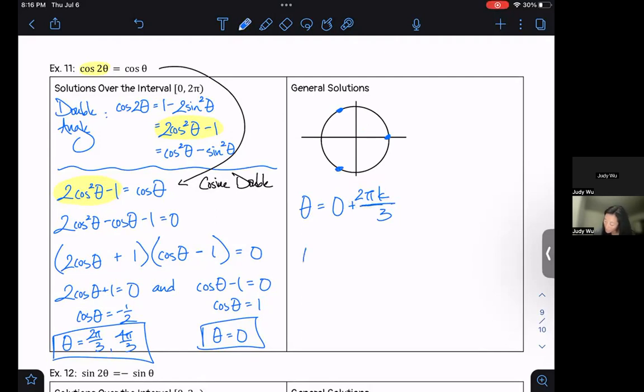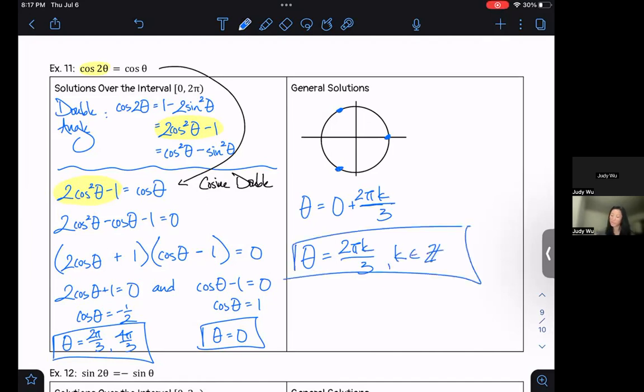Another way we could write this is just 2 pi k over 3, because we don't need the 0, where k is an integer. Okay. So again, being able to identify your identity and then doing a whole bunch of algebra is really sort of the flow of what we're doing here.